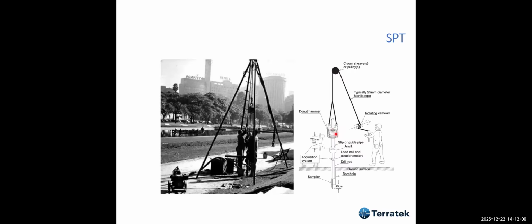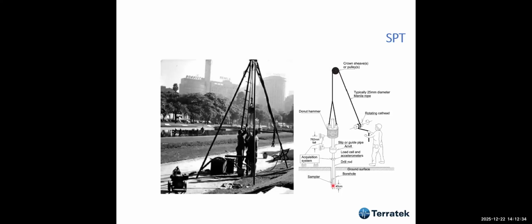This weight is 75 kilos, a mass as a matter of fact, with a drop height of 76 centimeters. And we have a standard sampler, and we count the blow count, the number of blows to drive the sampler into the soil.